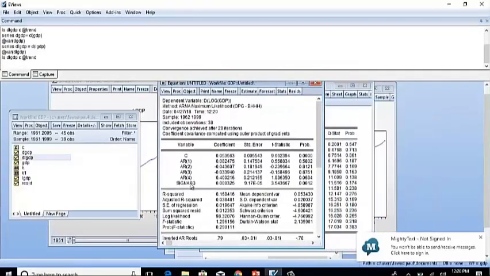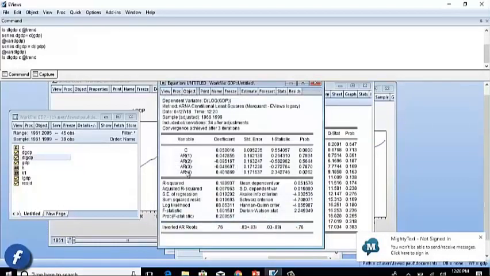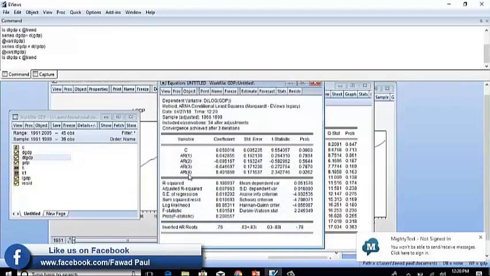This is an extra coefficient in EViews 9. So in order to remove it, just go to estimate, option, convert maximum likelihood to ordinary least squares, and go to EViews legacy and OK. So you can see that the sigma squared is removed.